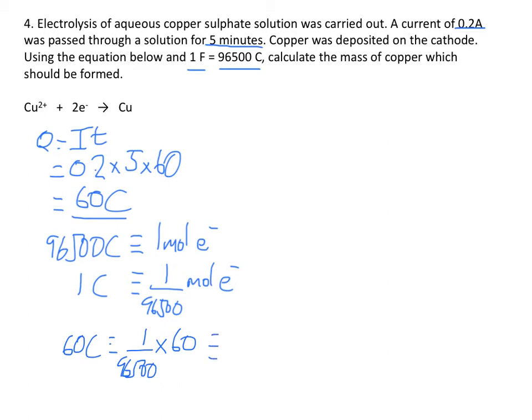So 60 times the 1 coulomb amount, and if you put that value into your calculator, if I put the numbers in, it comes out as 6.22 times 10 to the minus 4. So that's how many moles of electrons we have.